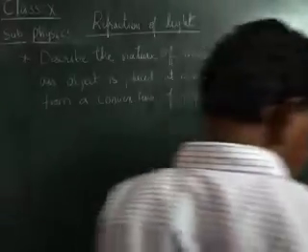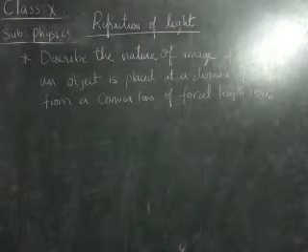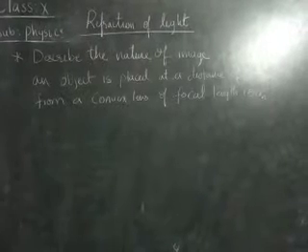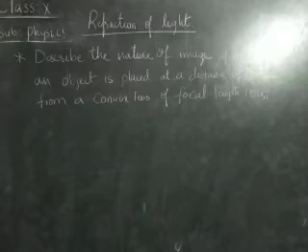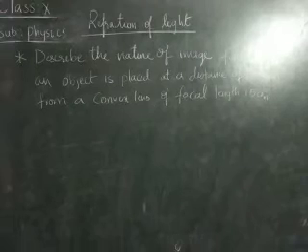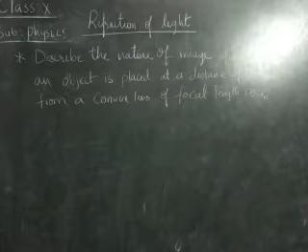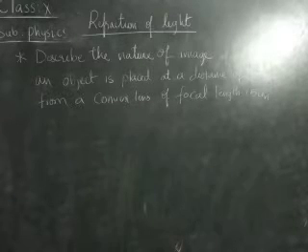Okay, children. Here he is asking the nature of the image formed when an object is placed at a distance of 30 centimeter from a convex lens of focal length 15 centimeter.